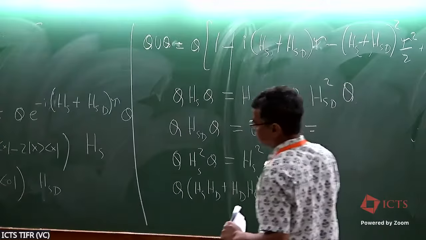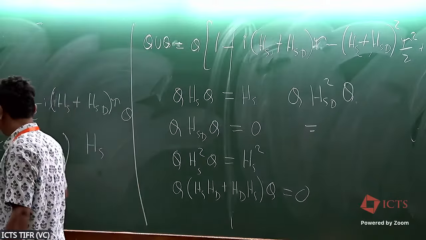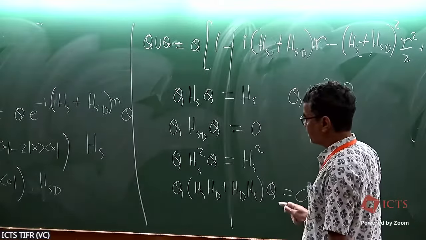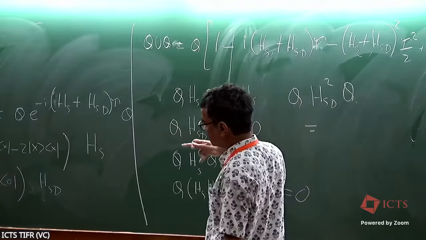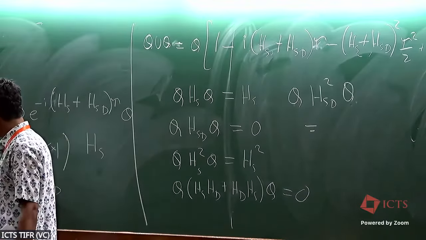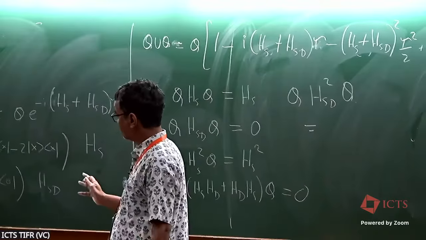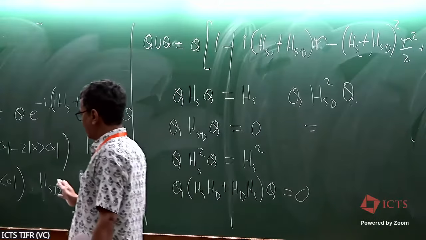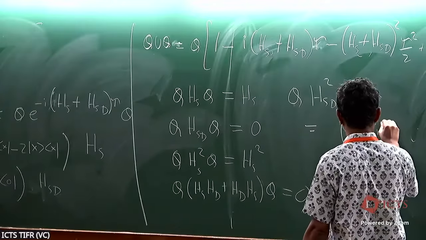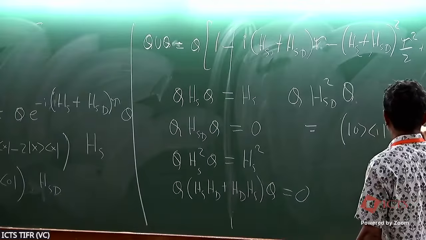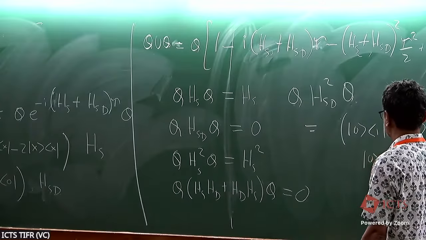Okay, so let's evaluate this. This is H_SD squared. When we take the square and then sandwich between Q, the only term that will survive is when we take the square and have something like 1, 0, 0, 1. I hope this is clear. So we have things like 0, 0, so the square of this.